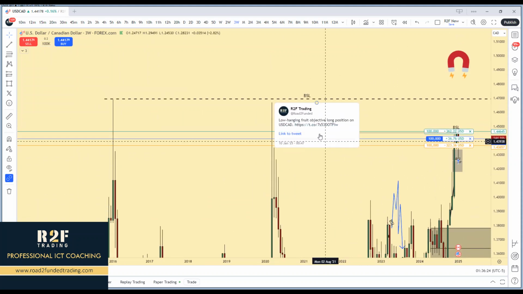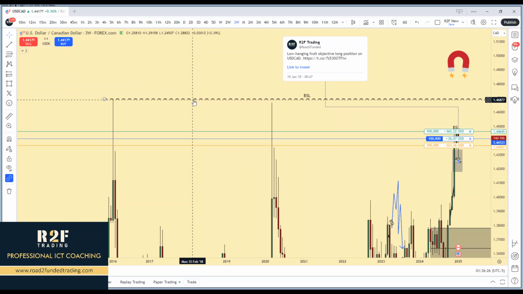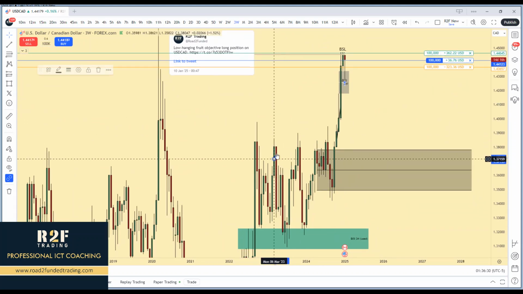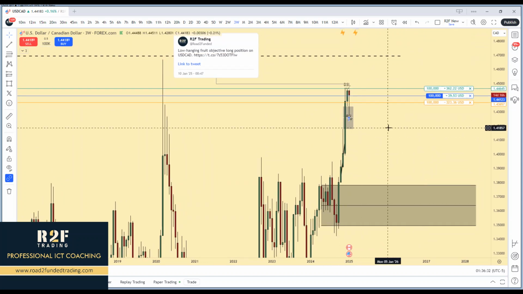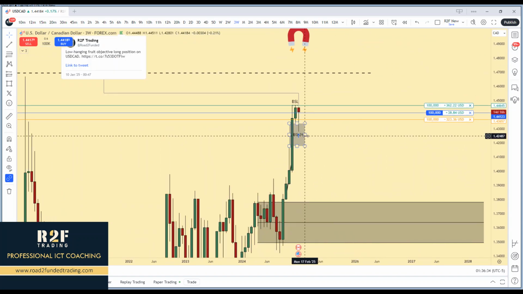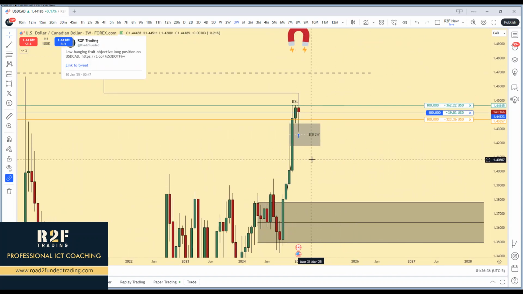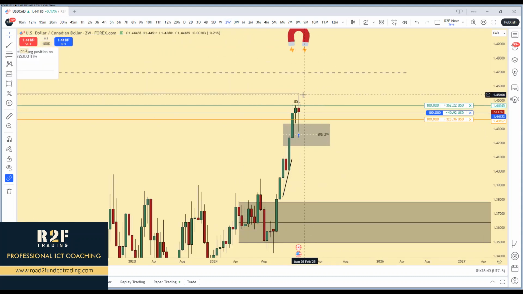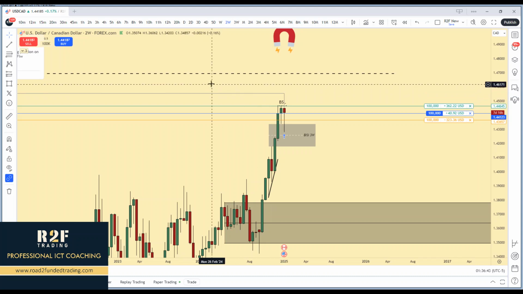Why? Because we have this buy side liquidity up here. We've been expanding higher, and we left this 3-week bisi over here. It's also a 2-week bisi, and we came into it and we are reacting off of it.